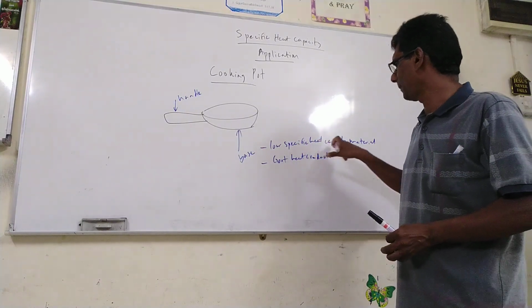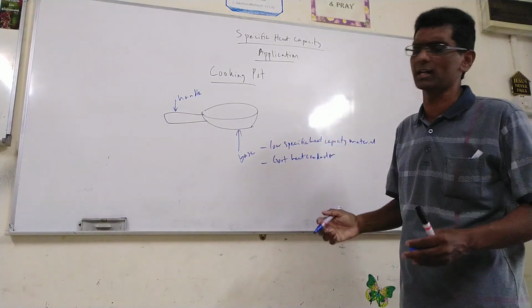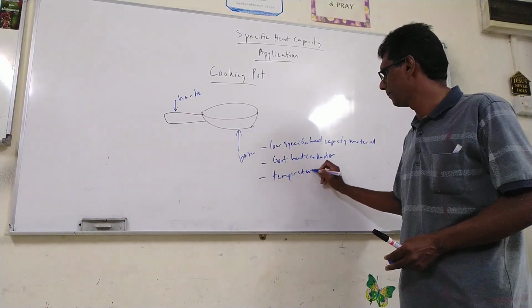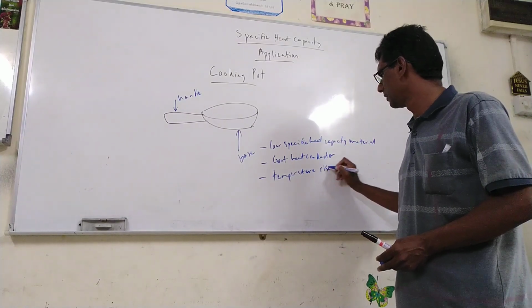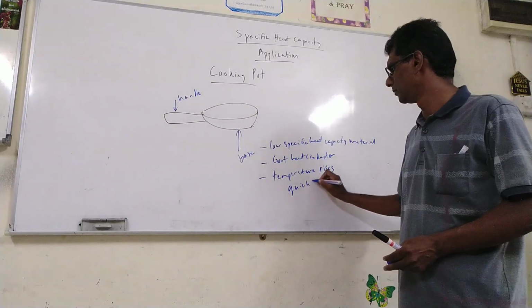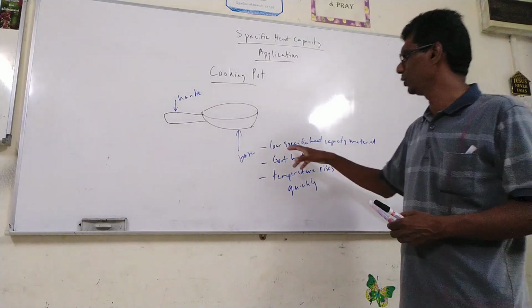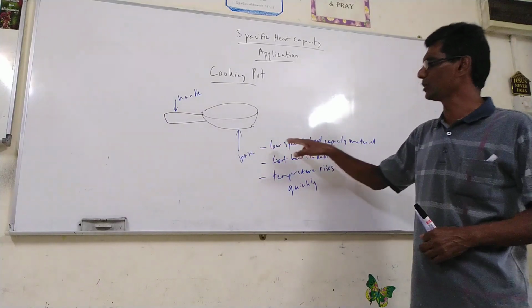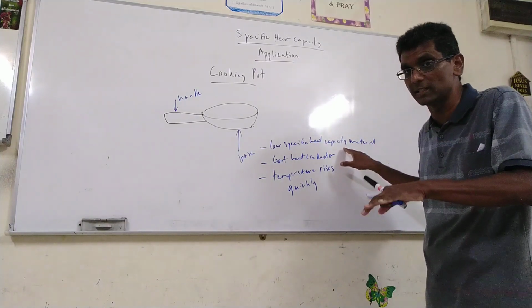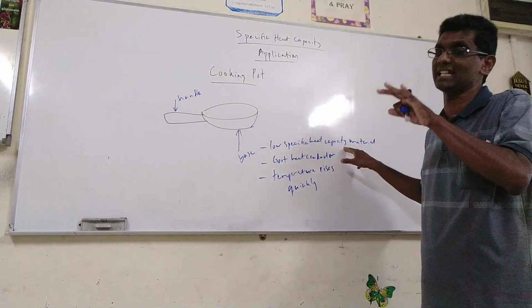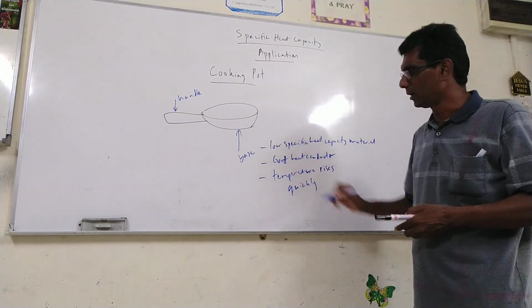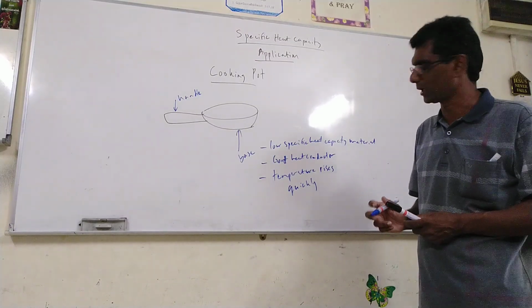Low specific heat capacity materials are generally good heat conductors. Temperature rises quickly. So the base is made of low specific heat capacity material because such materials are generally good heat conductors.